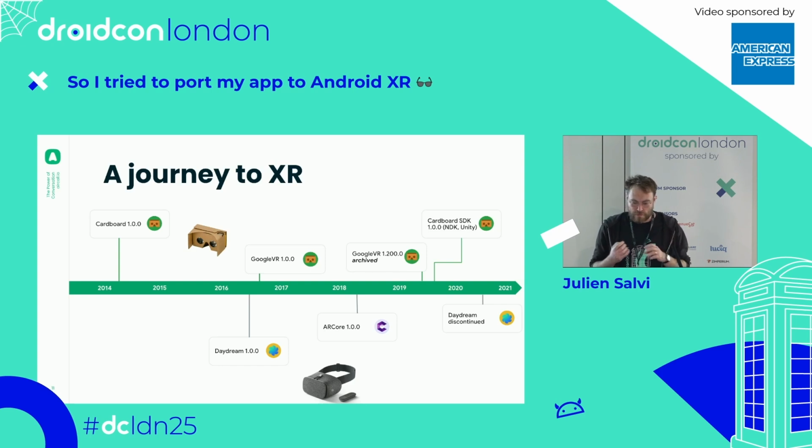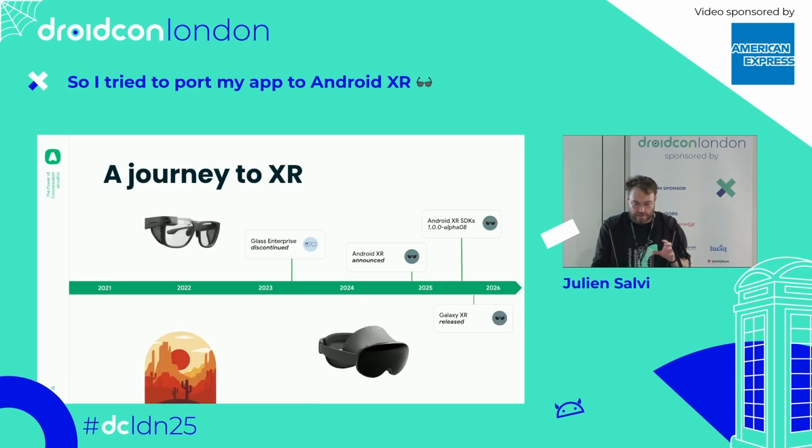Google archived lots of SDKs around Cardboard and discontinued Daydream in the 2020s. So this was the first downfall of the XR journey, but still going on with AR technology, which is still running.